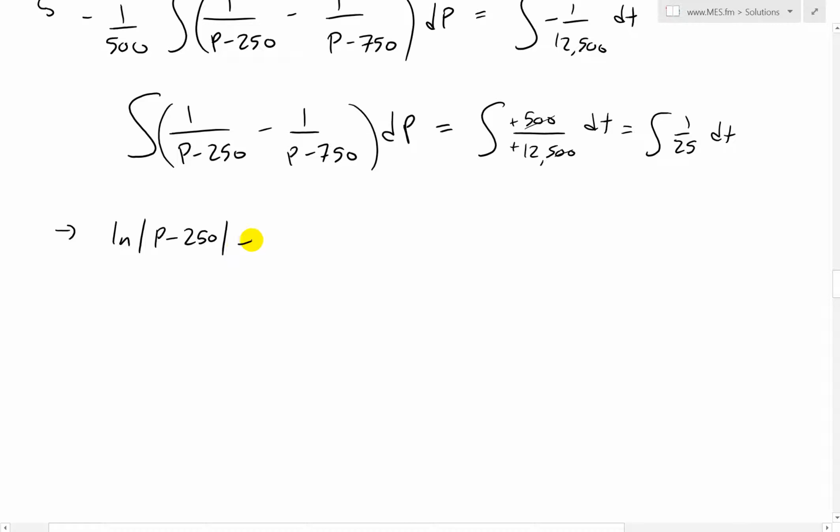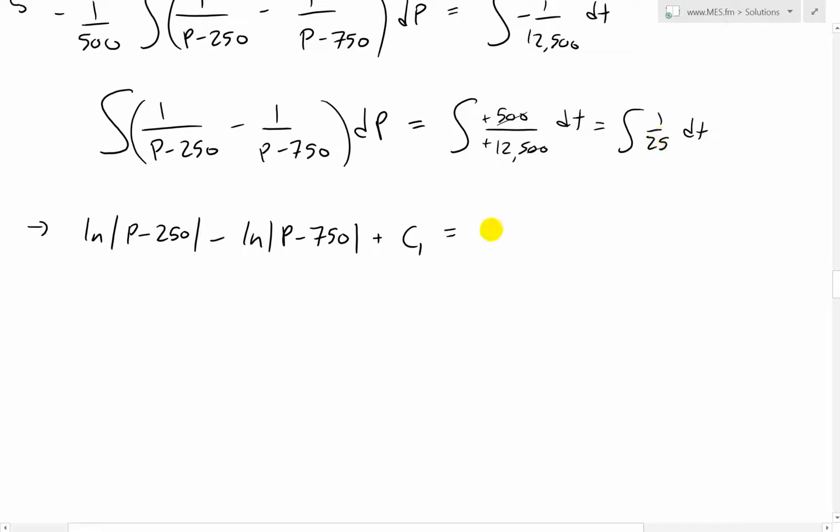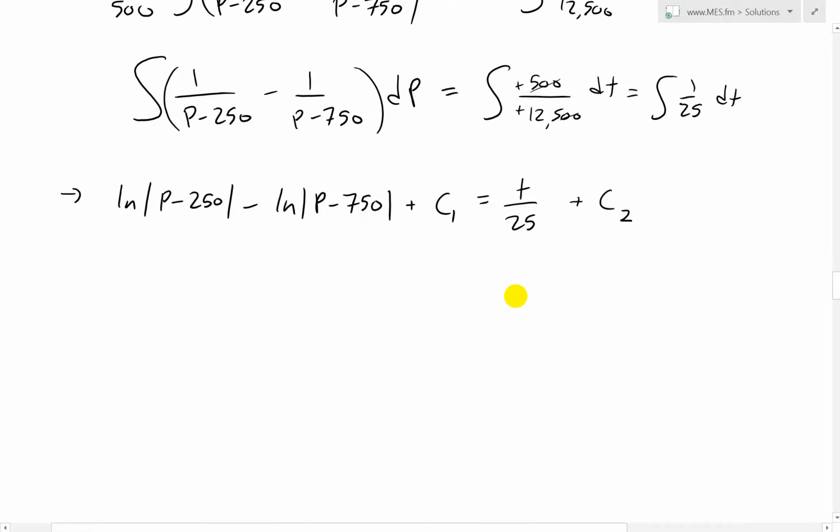And then this one we're going to subtract, same thing, p minus 750. And then we're going to add a constant of integration, we'll call that c1. And then on the right side we have this 1 over 25 is constant, dt becomes t, so let's write this as t over 25 and add a constant of integration c2.